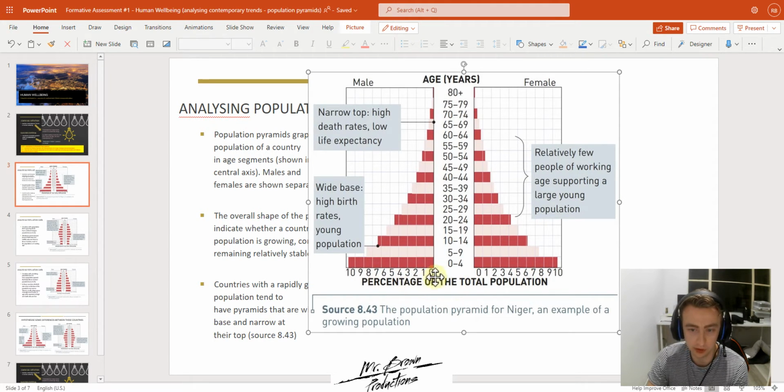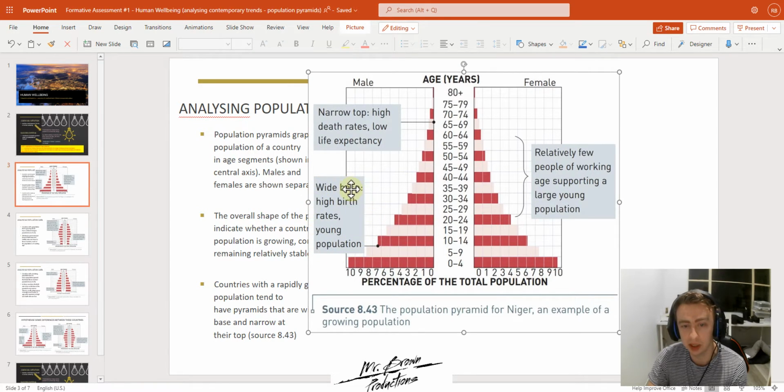This graph is telling me that for ages 0 to 4, and we've split here by male and female as well, that's usually how they're split, close to 10% of people aged 0 to 4 in this population are male. You would estimate probably 9.8%. And then if you go female, we've got a little bit less at 9.5. So altogether we've got roughly 20% of this entire population is aged 0 to 4.